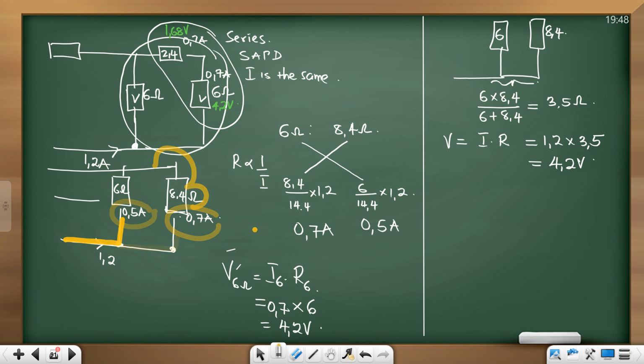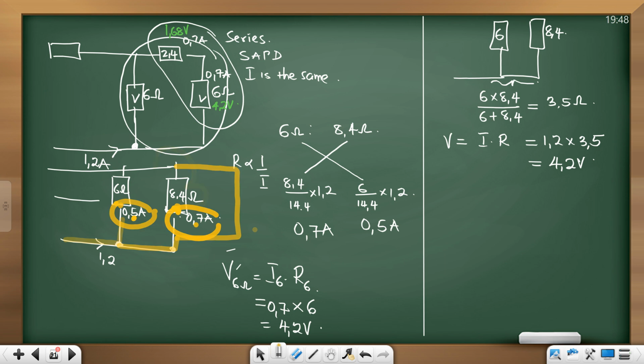Oh, I see what's going on. Because the voltmeter is measuring 8.4. What is 8.4 times 0.7? Just want to check something quickly. 5.88. What is 6 times 0.5?